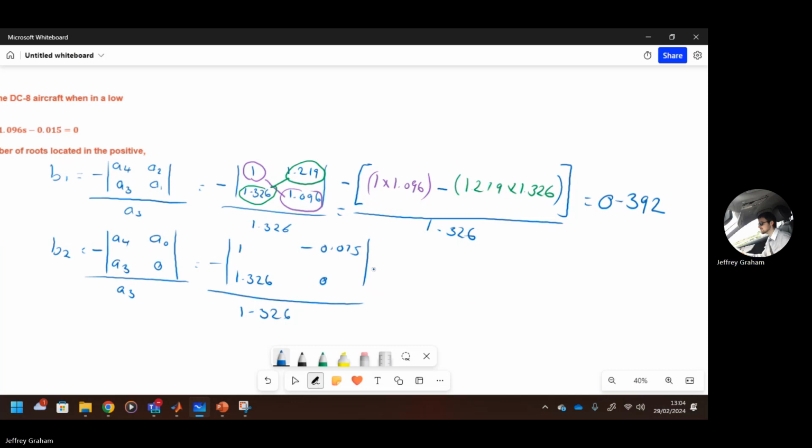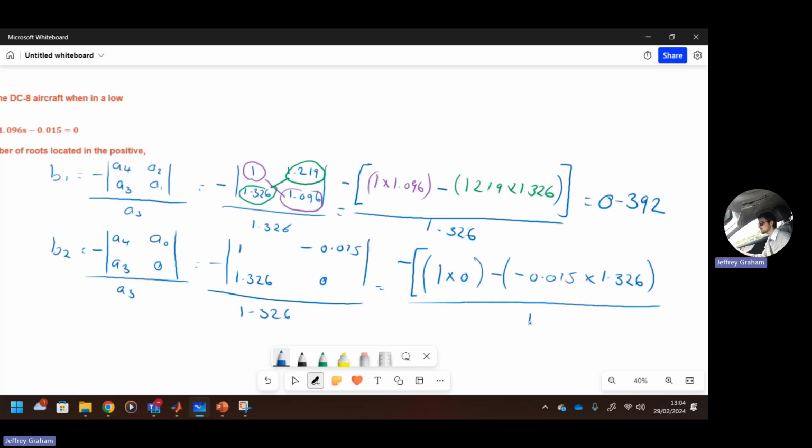Minus 1 times 0, minus 0.015 multiplied by 1.326, all divided by 1.326.